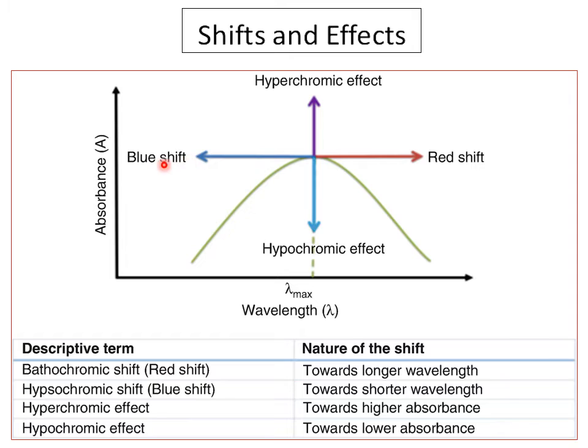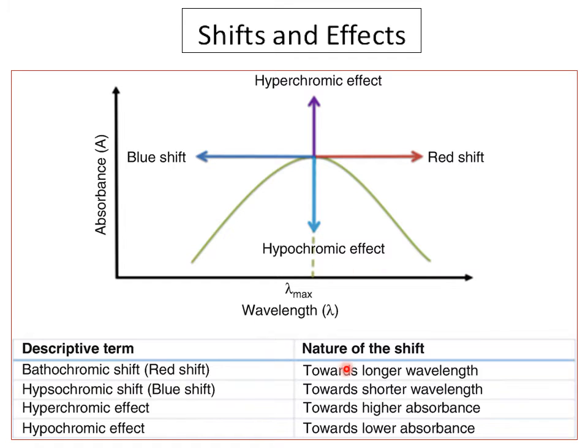A compound which moves towards a shorter wavelength shows a hypsochromic shift or blue shift. A compound which undergoes a high absorbance shows a hyperchromic shift or hyperchromic effect. A compound which undergoes a low absorbance shows a hypochromic effect.